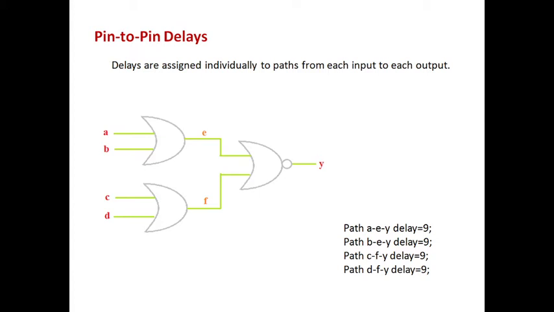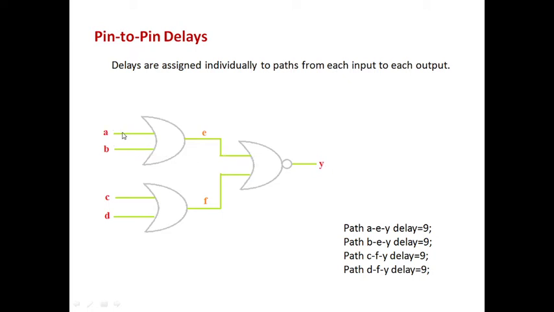Here we assign delay values individually to the path from each input to each output. How many inputs do I have in the logical schematic? 4 inputs, and each input travels towards the output.